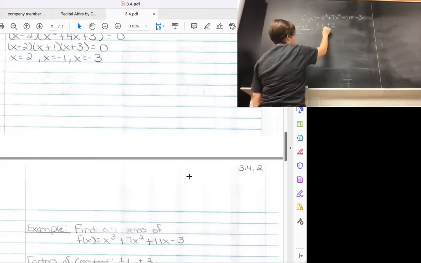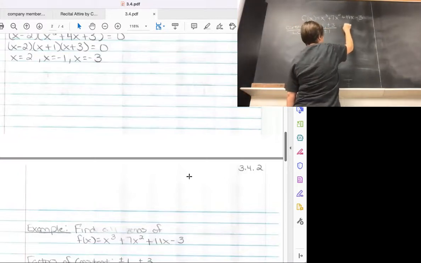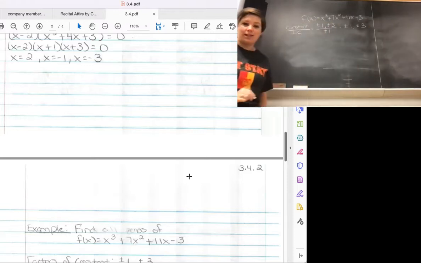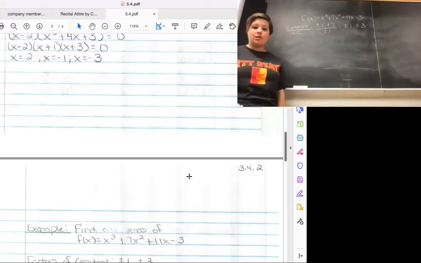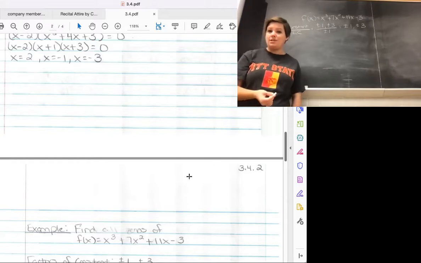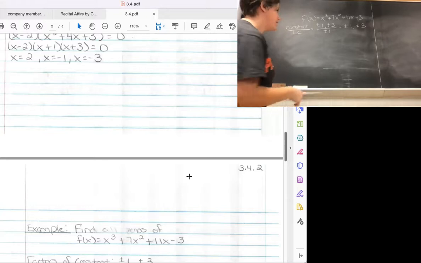And our leading coefficient is just 1. So all of our possible zeros are plus or minus 1, plus or minus 3. So that is really nice. That's only 4 options then to plug in to our synthetic division. So we like that. That's definitely nice.